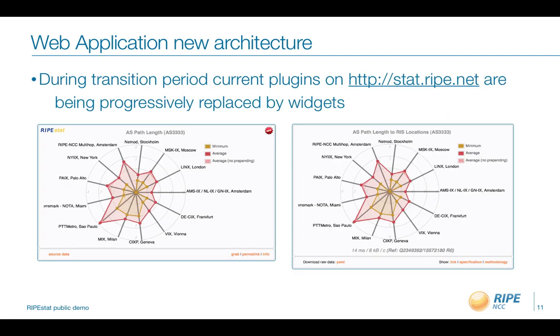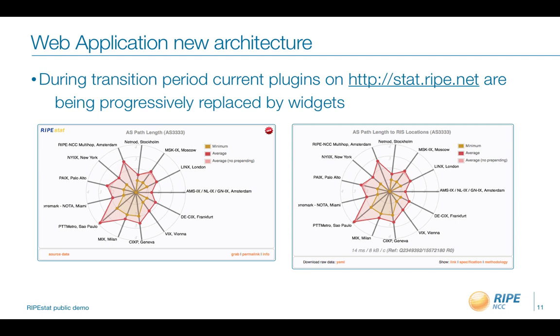Of course, we don't have all the widgets already migrated, so not all the plugins are available in widget format, and we will go through a transition period in which you see new widgets coexisting with current RIPEstat plugins. Here you can see the difference between the two. On the left side you find a new widget, and on the right side the normal plugin as it's seen on RIPEstat.